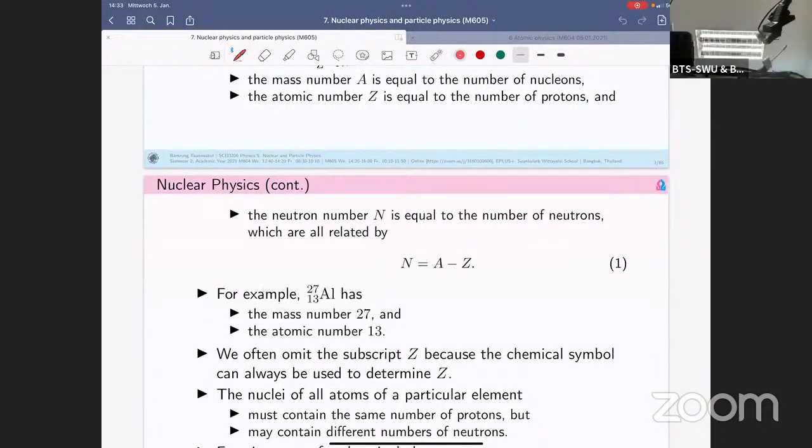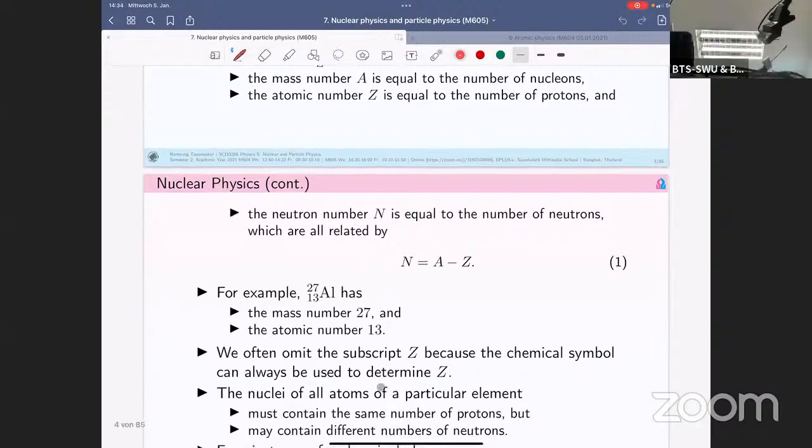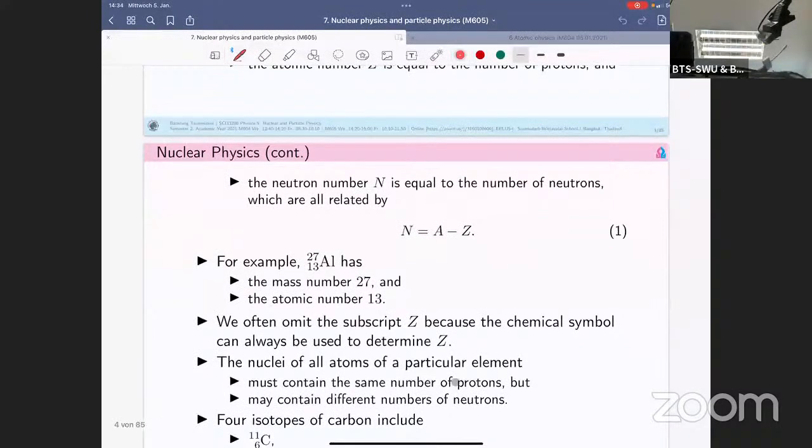So when we say aluminum, it means the number of protons is 13, for example. The nuclei of atoms of a particular element must contain the same number of protons, but may contain different numbers of neutrons. What does that mean?